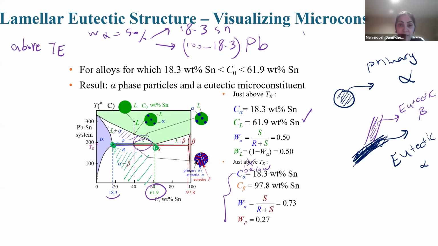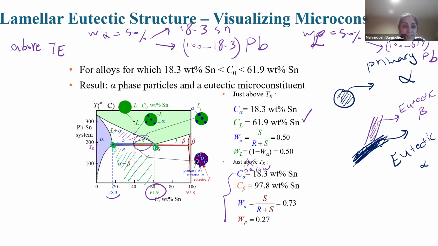Okay, and W liquid is 50% again, and here 61.9% Sn, and 100 minus 61.9 is Pb.